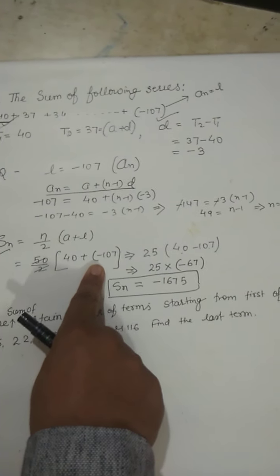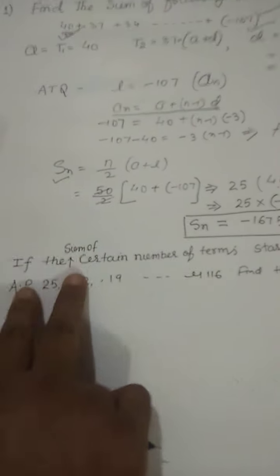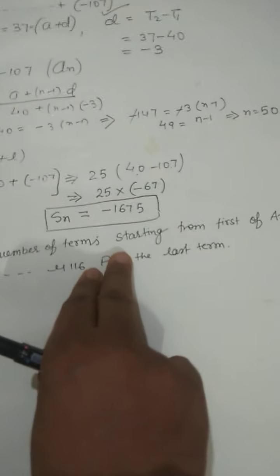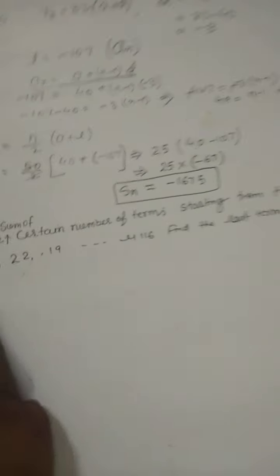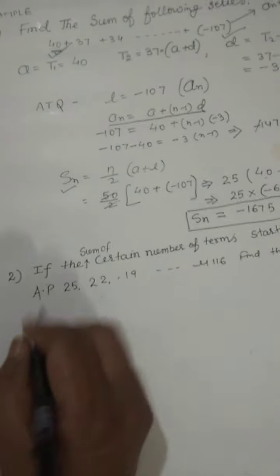Okay children, now moving toward the second question. If the sum of a certain number of terms starting from the first term of an AP, the first term is 25, find the last term. Here what is given first of all?